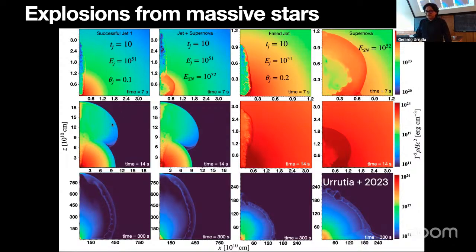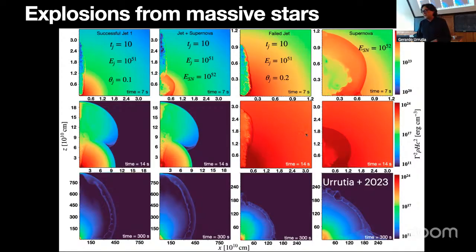And we perform the evolution of this jet during 300 seconds. The second one shows how the jet looks crossing the supernova.